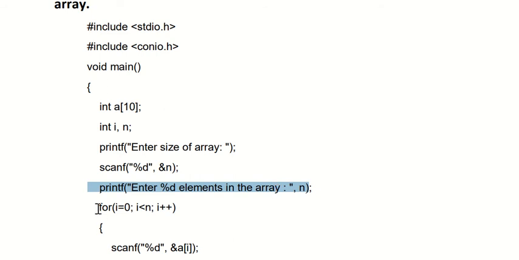Now after that, for i equal to 0, i less than n and i plus plus, which means we are starting our for loop from i equal to 0, and i less than n. As per our assumption, n is 5, so it will be 0, 1, 2, 3 and 4. Total is 5, but your for loop ends at 4 because it is starting from 0.